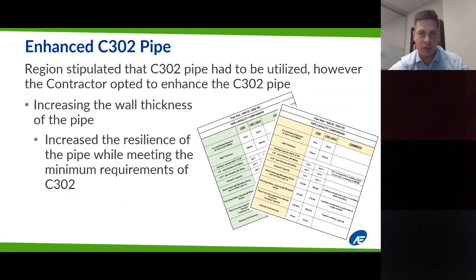So we had done some calculations to determine, if you thicken the walls, what does that allow for resilience for jacking loads, given the minimum C302 requirements, and then compared it to what they had put forward as an alternative. We did a comparison of these on a number of different factors, and determined that, yeah, if you would like to, you could thicken the walls of the pipe and have larger axial forces on the pipe.